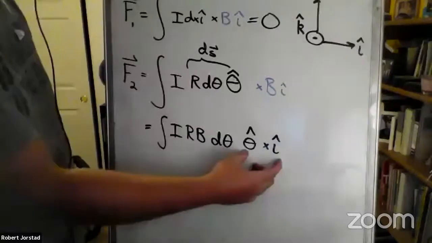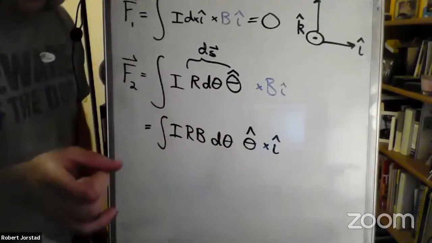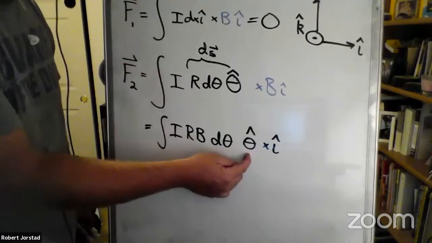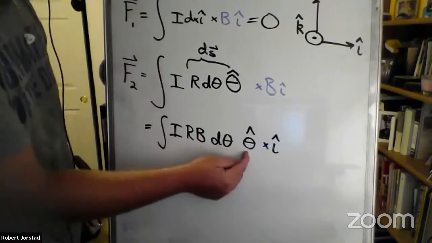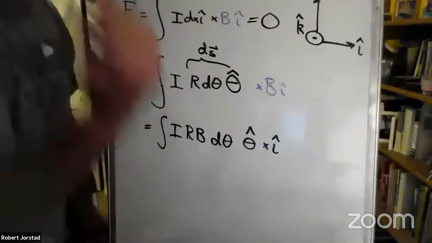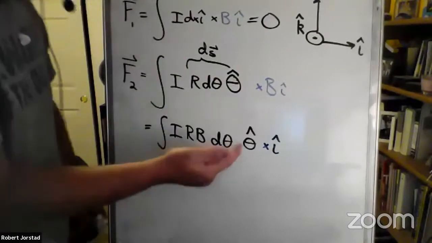Cross product. The cross product. If you think, oh, well, this is just some number, I'll factor it out, you're wrong. Theta depends on the angle. So first, plug in what theta hat is, that thing I just wrote down, then do the cross product, then do the integral.